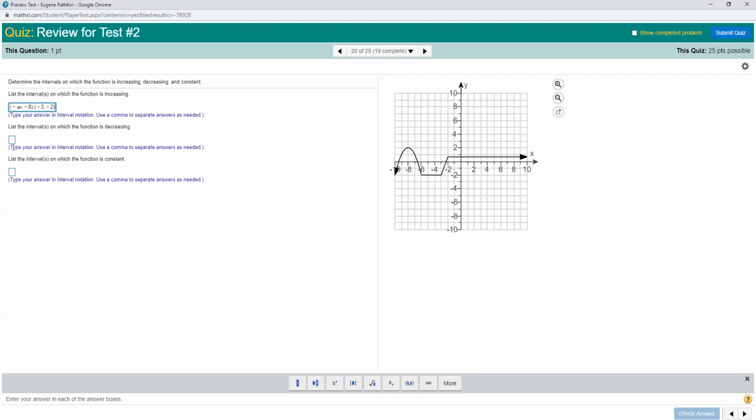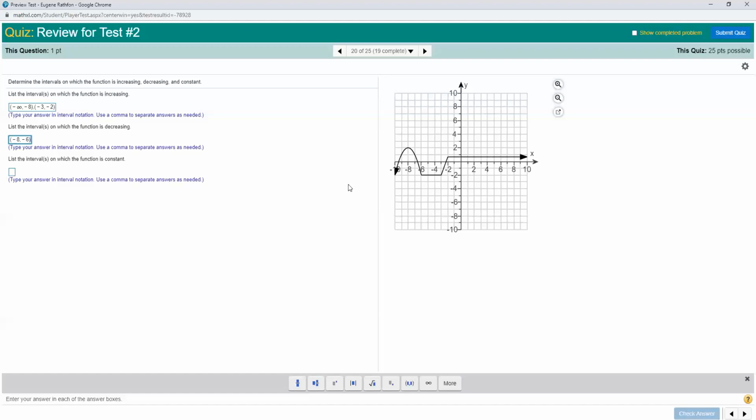Now, where is it decreasing? Well, I've only got one spot where it's decreasing, and it's this little part right here. So it starts decreasing at -8. So let's put parentheses, -8, comma, and it decreases to right here, which is at -6 on the x-axis. So that only had one part downhill.